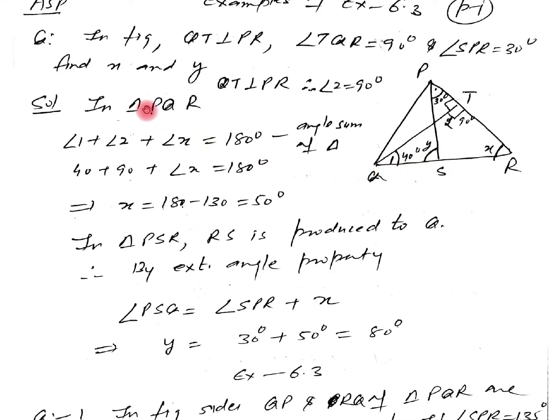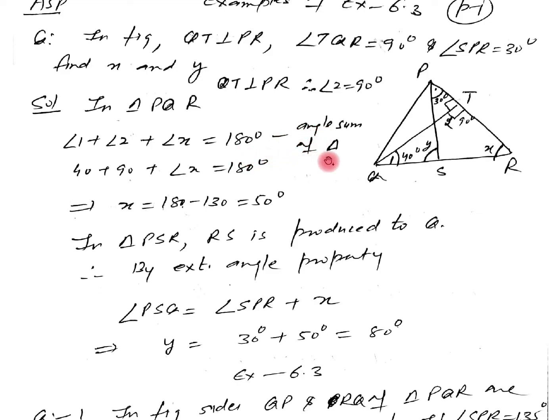First we have to take the triangle TQR, in which we have to find out the value of X. In triangle TQR, angle 1 plus angle 2 plus angle X equals 180 degrees by the angle sum property of the triangle.